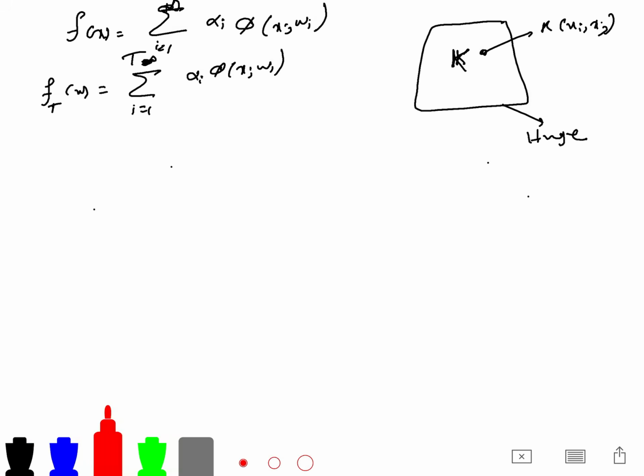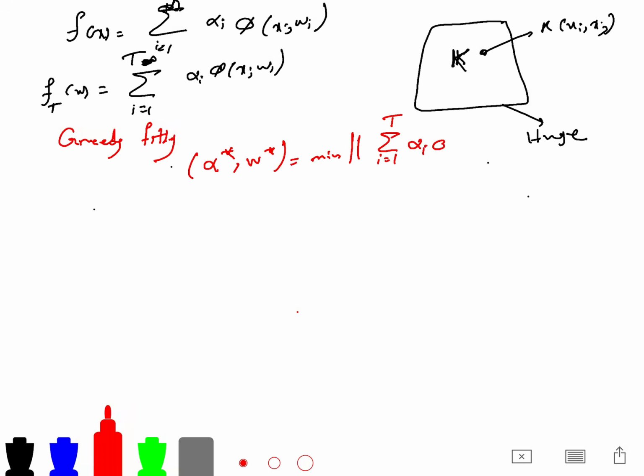So the greedy fitting: you want both alpha and w which minimize the approximation error between a finite sum of phi and f, which is an infinite sum, with probability measure mu.